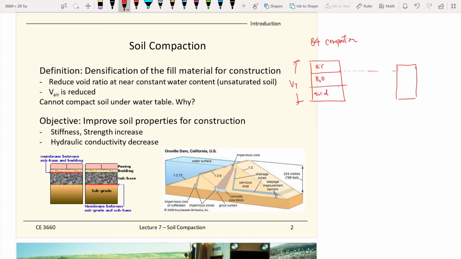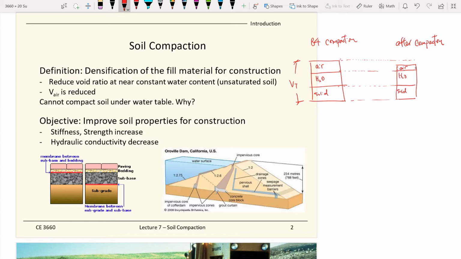The water actually hasn't changed, and the solid hasn't changed. But what happened is we're reducing the amount of air. So this is after compaction. Now the amount of air has reduced. So solids stay the same as water, but the air has been reduced.